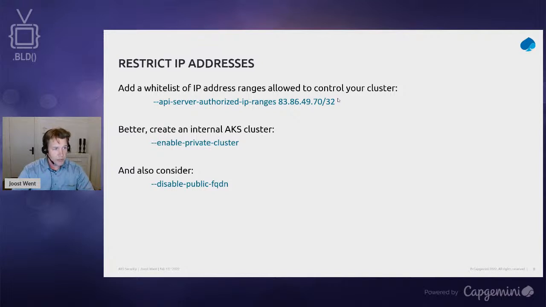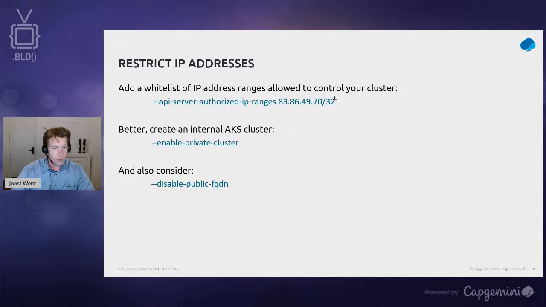So it's probably better to create an internal cluster. That's the second option. If you enable the private cluster, then not your entire cluster is internal. Your customers still have public endpoints, so you can still distribute your applications on the internet, but the remote management part is shifted to internal.